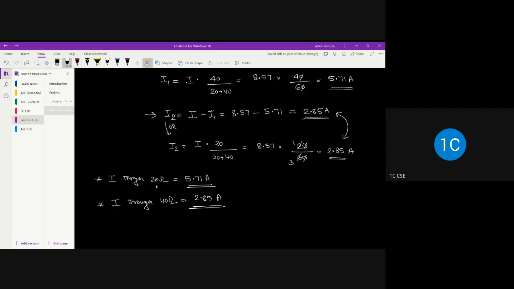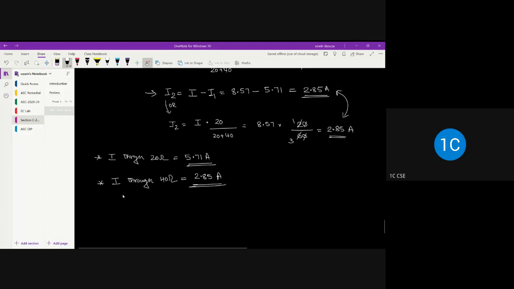Expected, right? Lesser the resistance, more will be the current. Greater the resistance, lesser will be the current flow. But when the current comes out of the node, it becomes the sum of the two currents. So that's your current.